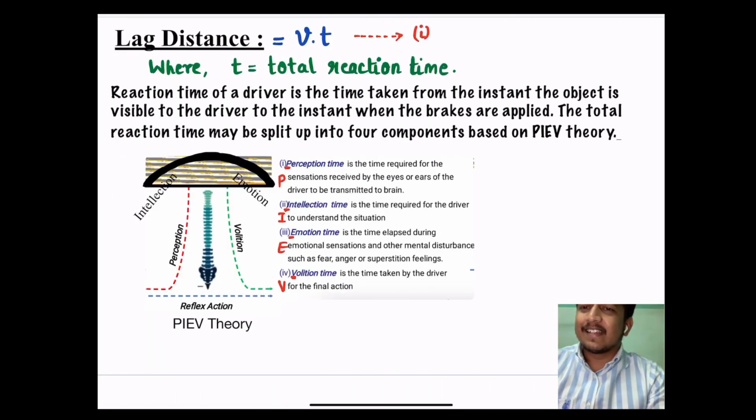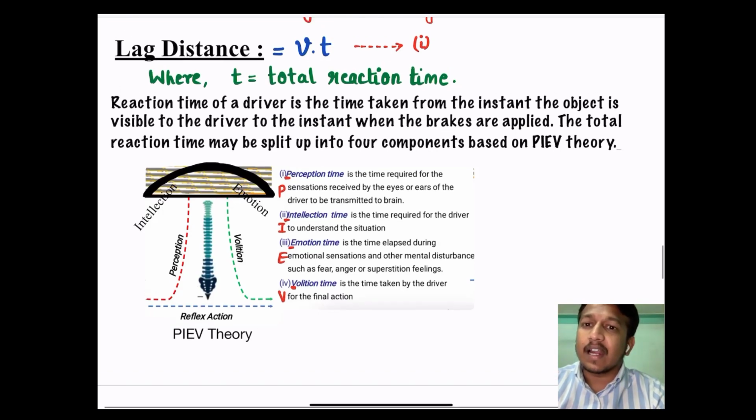Lag distance is the distance which a vehicle travels after perceiving the object until the time it applies the brake, which is equal to V into T, where T is equal to total reaction time. Reaction time of the driver is the time taken from the instant the object is visible to the driver to the instant when the brake is applied.